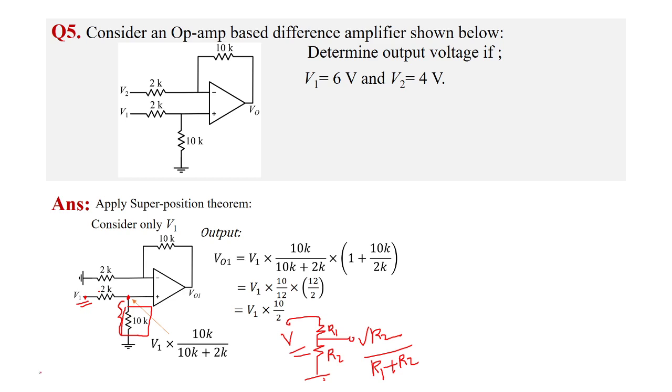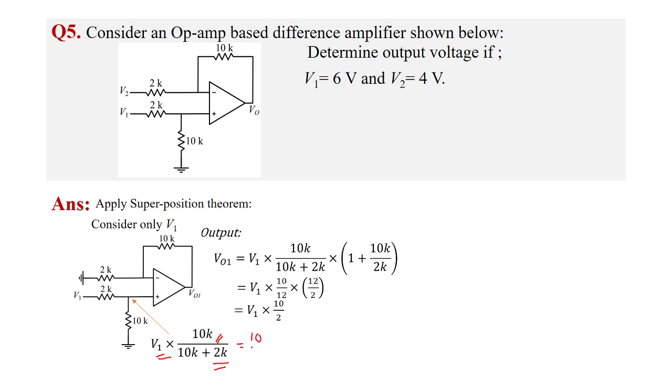So the same procedure we have applied. So V1 into this resistance R2 is 10k by 10k plus 2k. Okay, so this is equal to 10 by 12, right? So this will be the voltage V dash that I mentioned earlier.